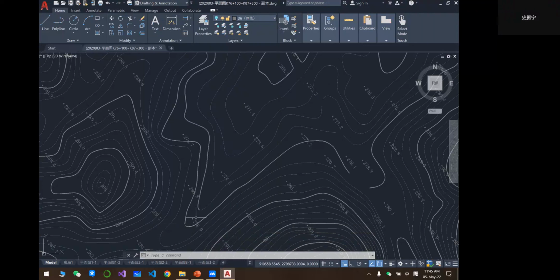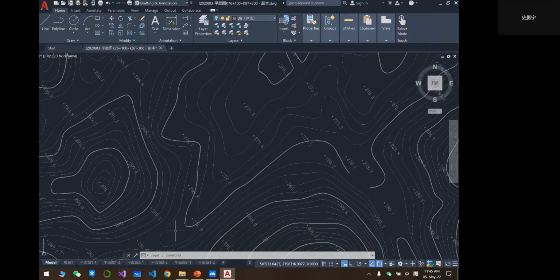Yes. So let me tell you why this part is a valley. Because you can see this point is 278.9, and this one is 208.68. So this one is lower than this place.